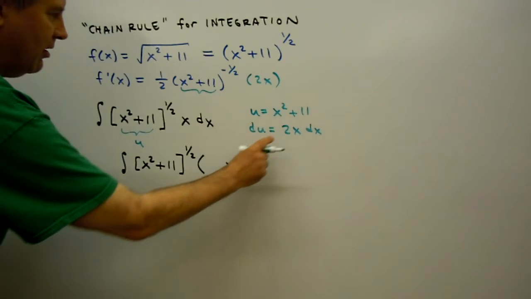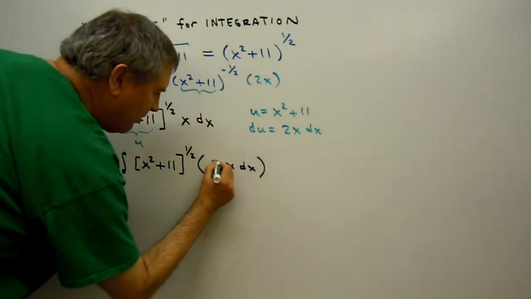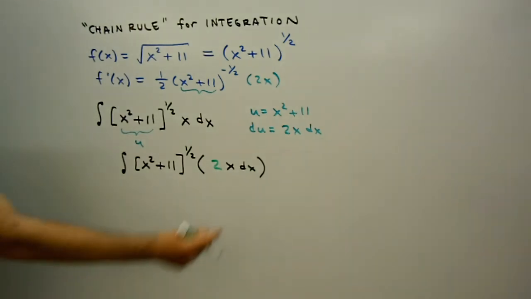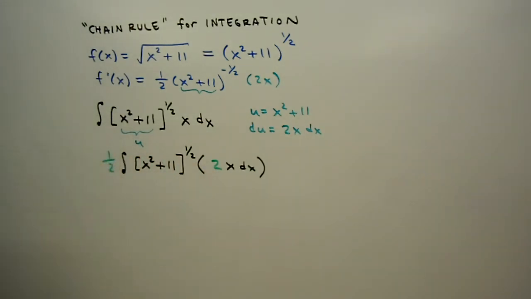We would like there to be a 2x, so we simply multiply by the 2, provided that we compensate by multiplying by the reciprocal. So really you're multiplying by 2 over 2. We've compensated for the 2 by multiplying by 1/2.